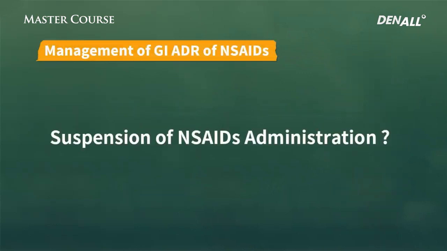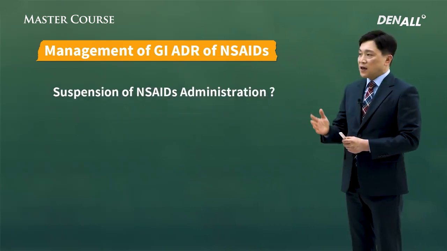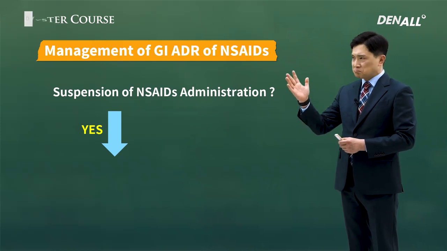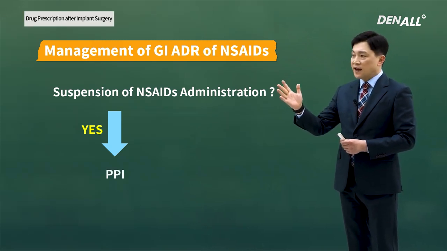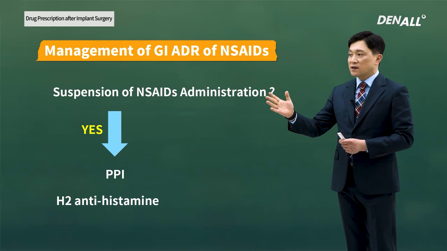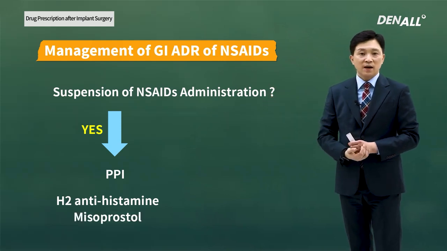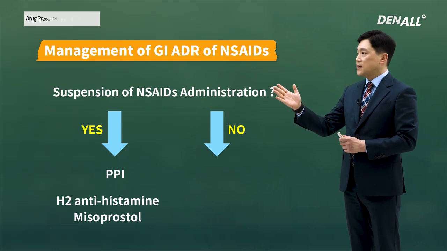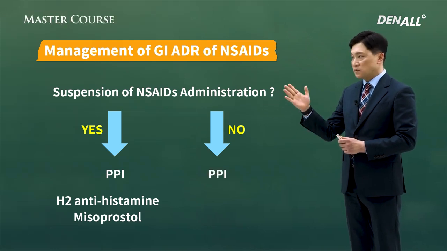When GI trouble occurs in a patient, can we suspend the use of NSAID? It depends on whether it can be suspended or not. If it is yes, proton pump inhibitor, H2 antihistamine, or misoprostol can be prescribed. If it cannot be suspended, PPI or misoprostol can be administered with the NSAID.